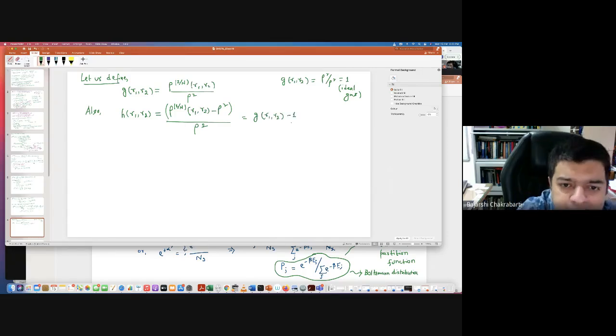G as well as h, there's a name to this: it is called the pair correlation function, also known as the radial distribution function for liquids or for fluids.